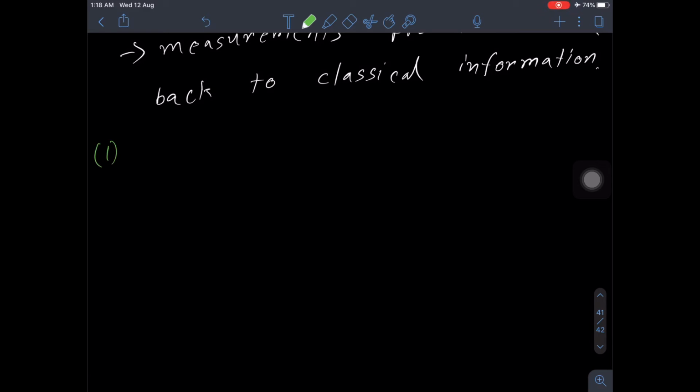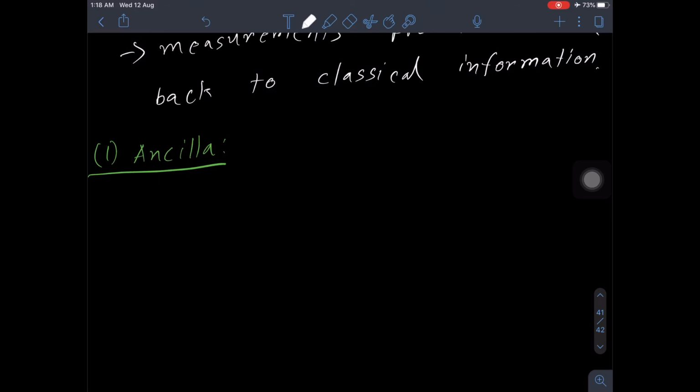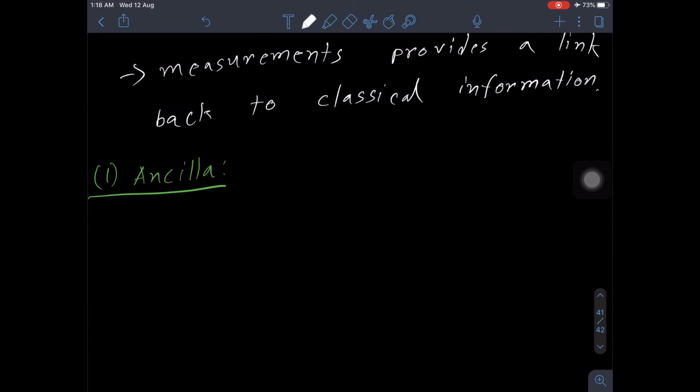The first one is ancilla. So what is an ancilla? Before introducing that, I want to say that I have an unknown quantum state psi.